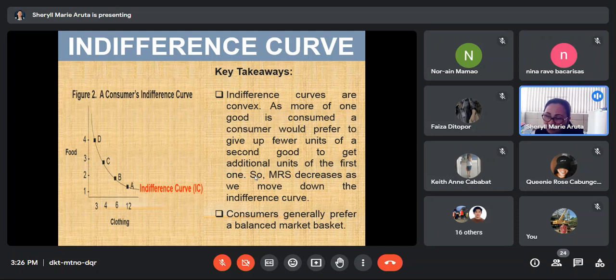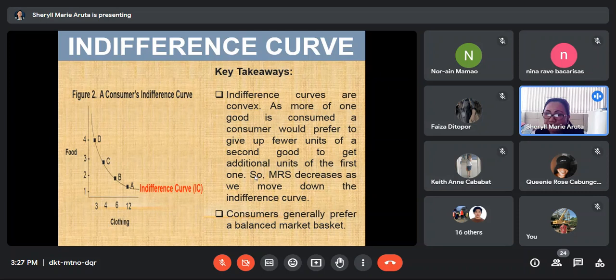And in the explanation of the consumer on the indifference curve, consumers generally prefer to balance a market basket, which you will experience not so great a satisfaction because of your income and not so little satisfaction because it will also suffer your satisfaction.